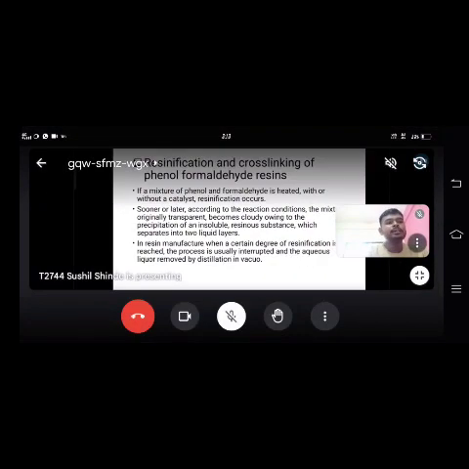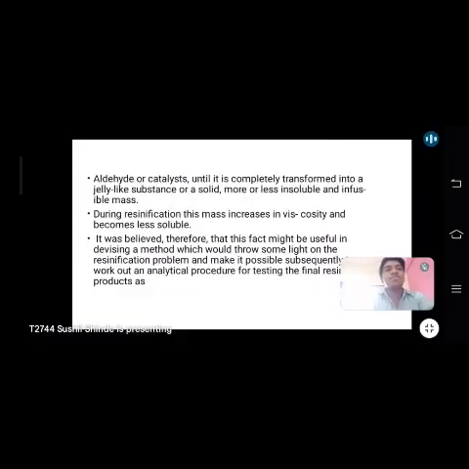Hello friends, my name is Samir Shinde, and as my colleagues have said, I am taking the next slide. As you can see in this formation, this is aldehyde or catalyst that completely transforms into a gel-like substance, like a solid, in a formation of granules.